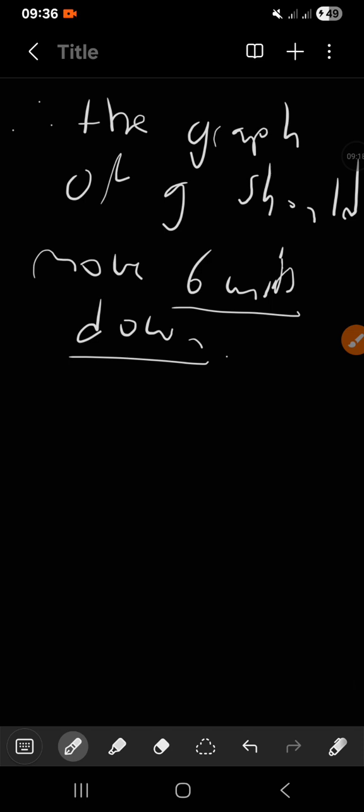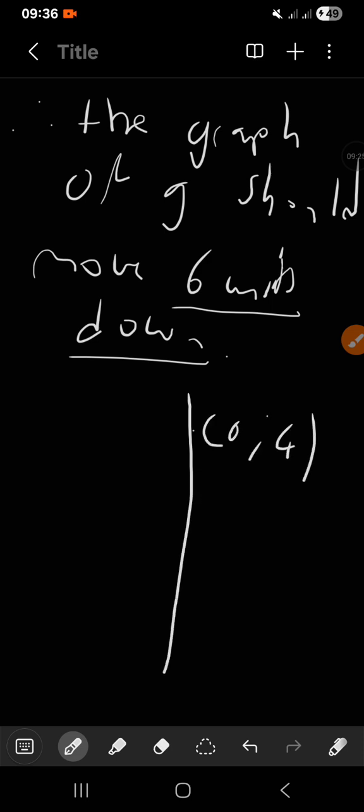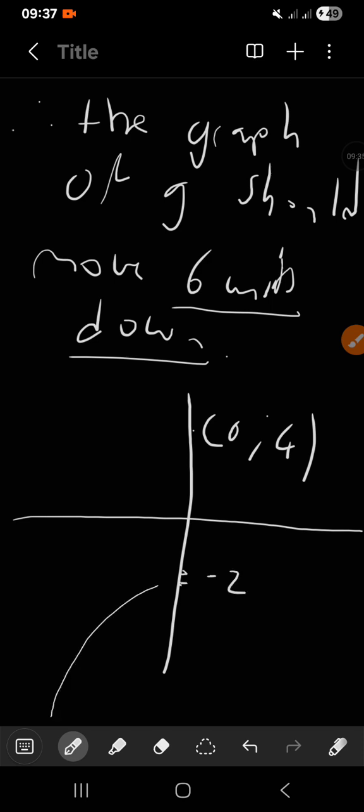So it had a y-intercept of 4, right? So this was 0 and 4, and then it moved 6 units down towards -2. So let's say -2 was around here. Your graph would exist something like this, because it would drop towards -2, and it will exist here, and it will still obtain its maximum point.